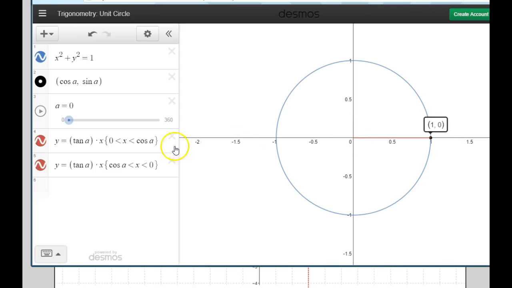So remember, on the unit circle, the tangent was the slope of this red line segment that connects the origin to any point on the circle. So as that increases, this is the slope of that line that we're getting. It's the y coordinate divided by the x coordinate. And the slope keeps increasing until we get all the way up to virtually a vertical line.